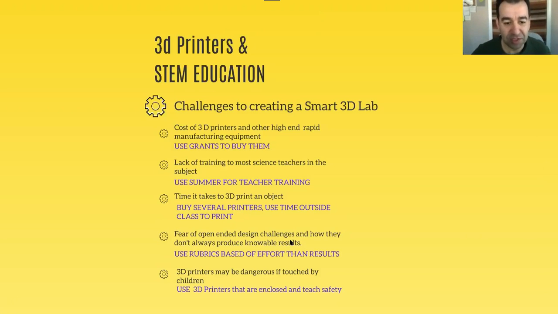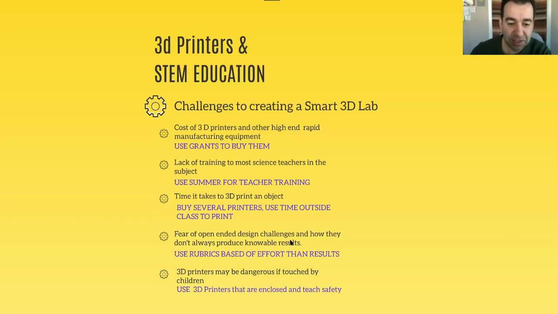The second challenge was that most science teachers don't have enough experience in using 3D printers and CAD software. So we have to use summertime for training the teachers to become more prepared to do this kind of education.